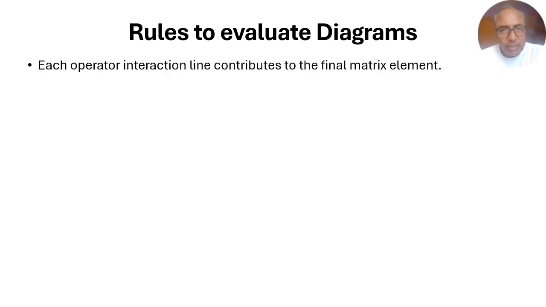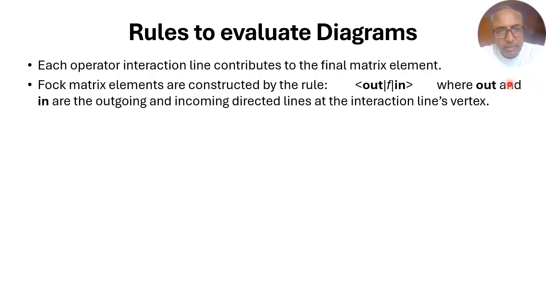Before we go on to the other terms, let us summarize the rules to evaluate diagrams. Each operator interaction line contributes to the final matrix element. The Fock matrix elements are constructed by the rule bra out F in ket, where out and in are the outgoing and incoming directed lines at the interaction line's vertex.